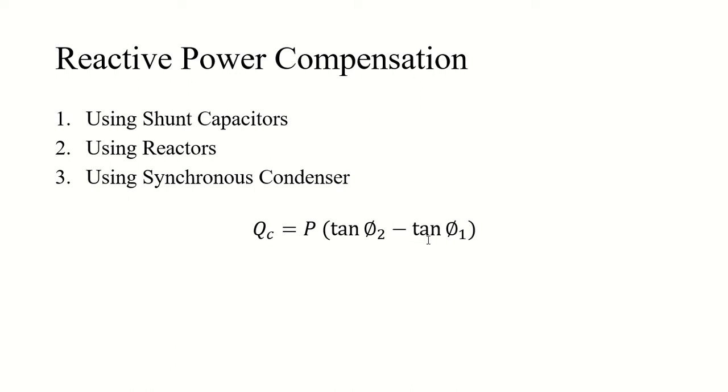And because of the decrement in the power factor, more reactive power will be supplied from the supply side. What this reactive power compensation device will do is maintain the power factor at the load side within a specific limit, and thus the load power factor will improve, and the reactive power from the supply side will decrease.